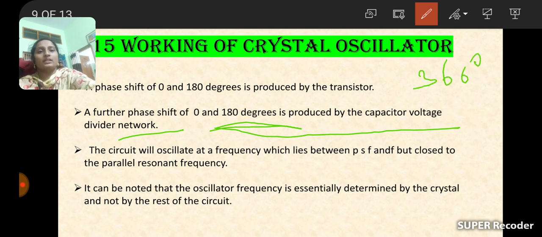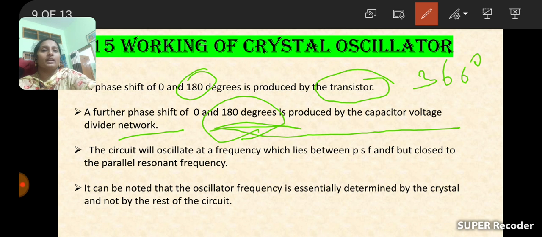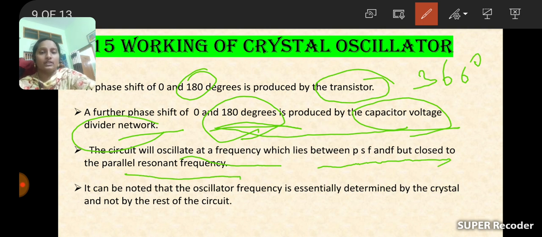So among 360, 180 degrees is produced by the transistor, and the remaining 180 degrees is produced by the capacitive voltage divider network. The circuit will oscillate at a frequency that lies in between the series and parallel resonant frequency. It can be noted that the oscillator frequency is essentially determined by the crystal and not by the rest of the circuit.